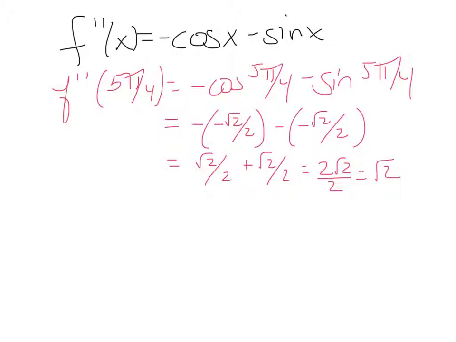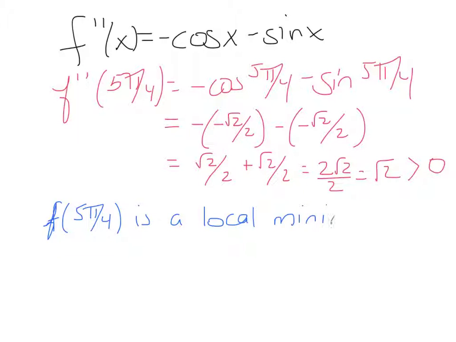And radical 2 is a positive number. So now we're looking at a local minimum. So we write our statement. F of 5 pi over 4 is a local minimum since the second derivative is a positive number.